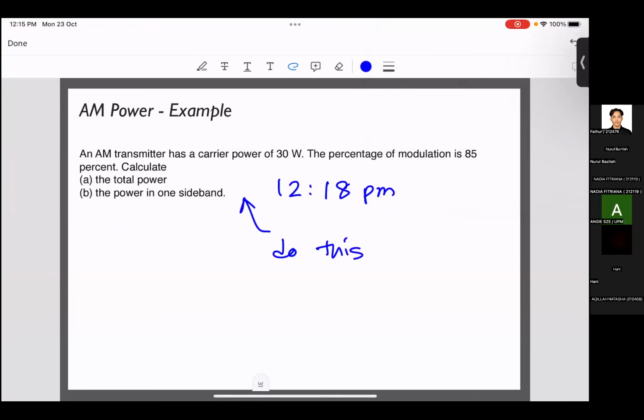Okay, so we have 3 minutes. Hopefully everyone has done this example. 3 minutes for your break / exercise time. 2 minutes.